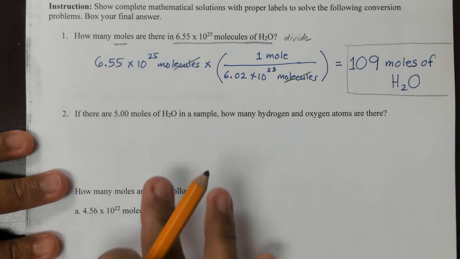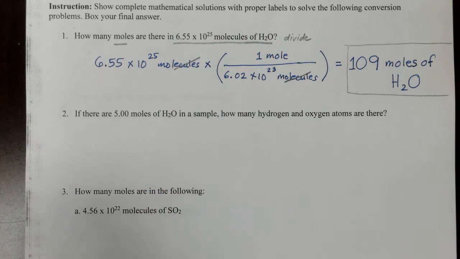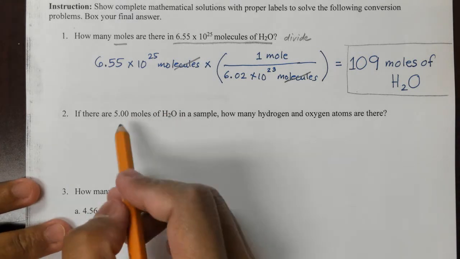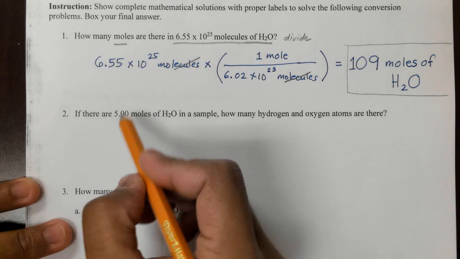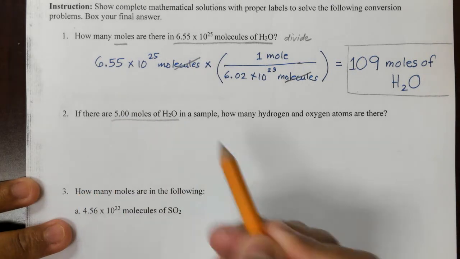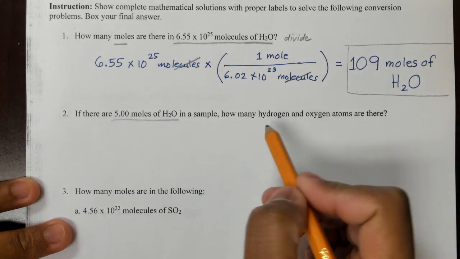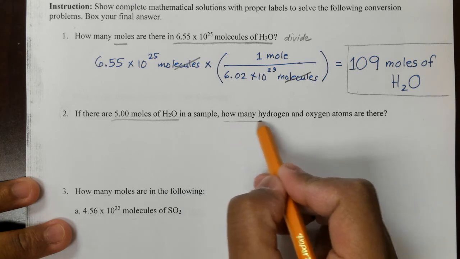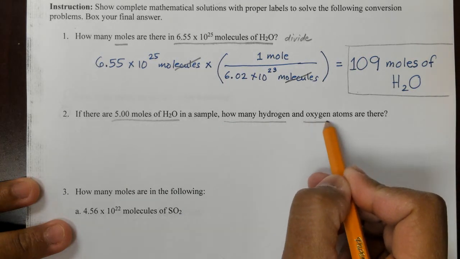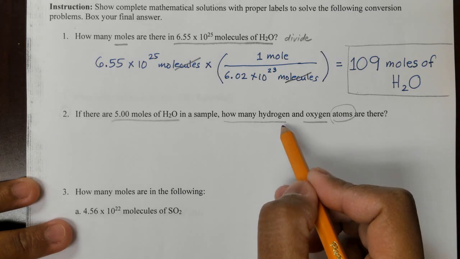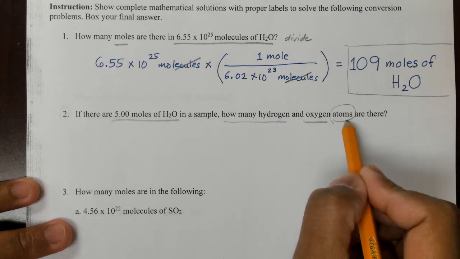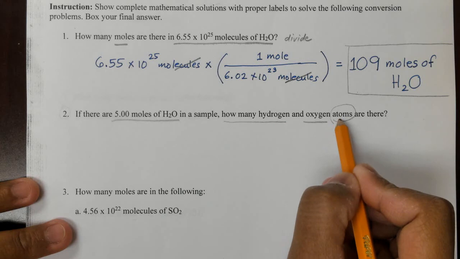I'm going to proceed to number 2 so you will know how to answer the rest, okay? So for number 2, this is a little long this time. If there are 5.00 moles of water in a sample, the question is, how many hydrogen and oxygen atoms are there? So we are asked for 2 answers, the number of hydrogen atoms and the number of oxygen atoms.